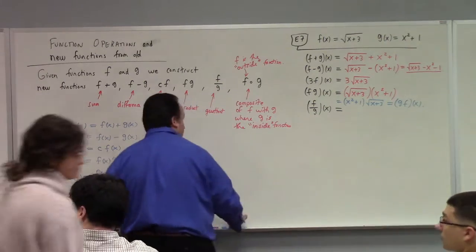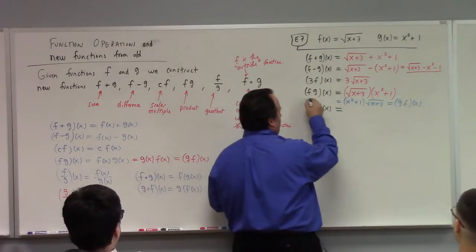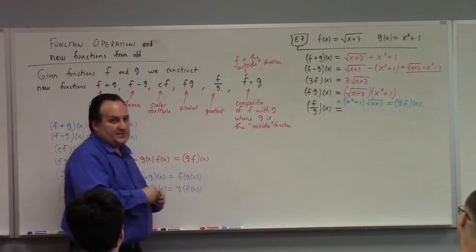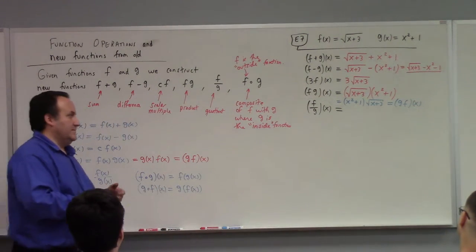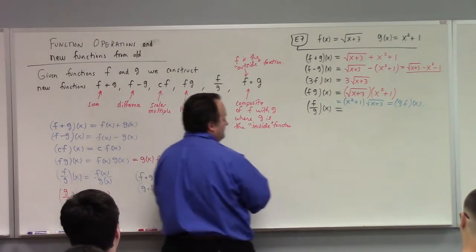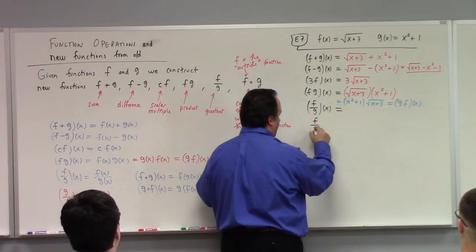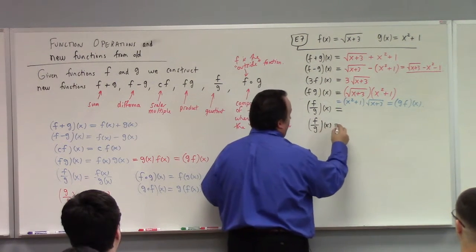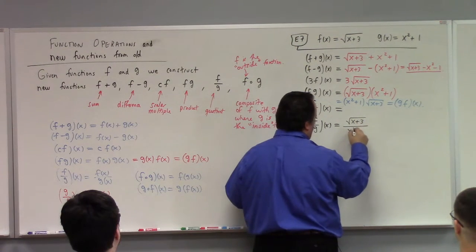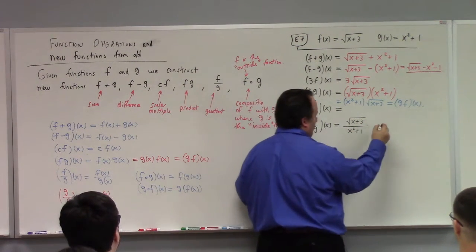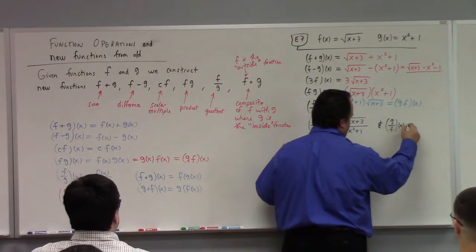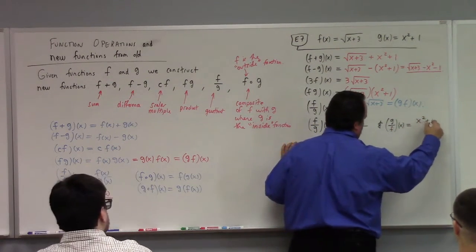So we can multiply one way or the other and we get the same answer, right? Multiplication commutes. f over g, what's that? I heard the square root of x plus 3 divided by x squared plus 1, right? And let's see here, while I'm at it, what would g over f be? The reciprocal of that, yeah.